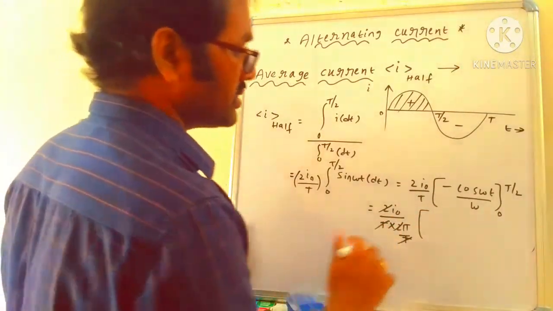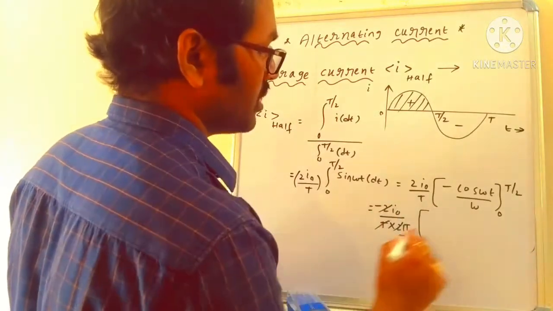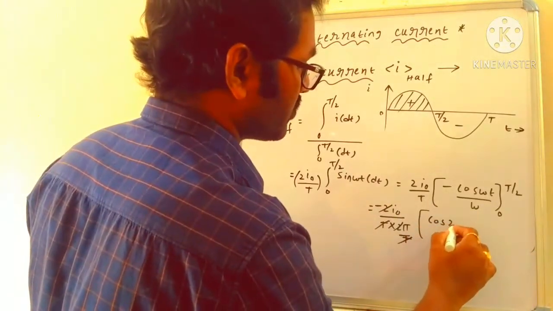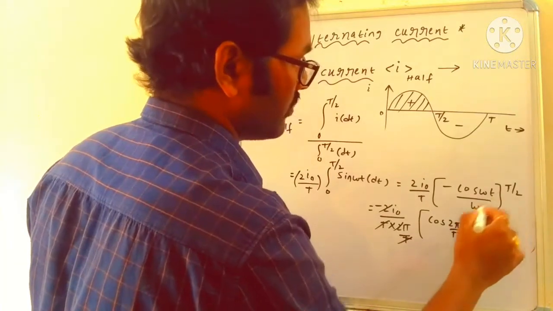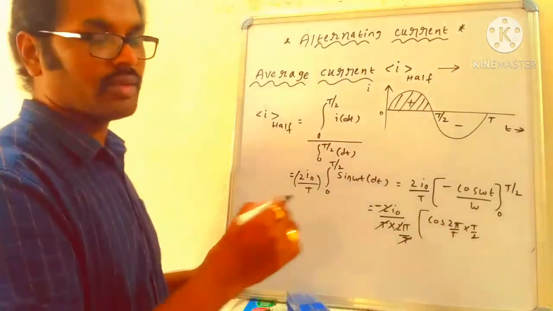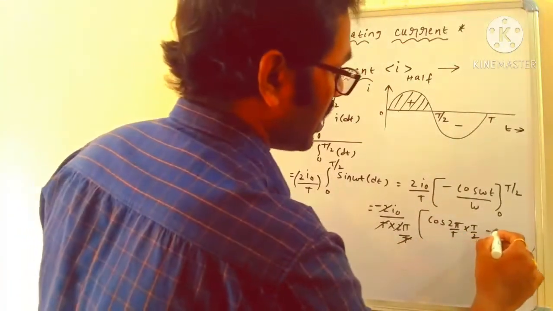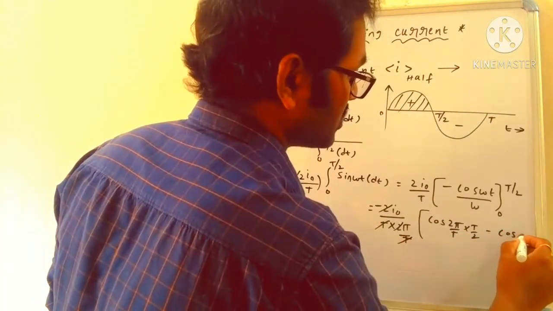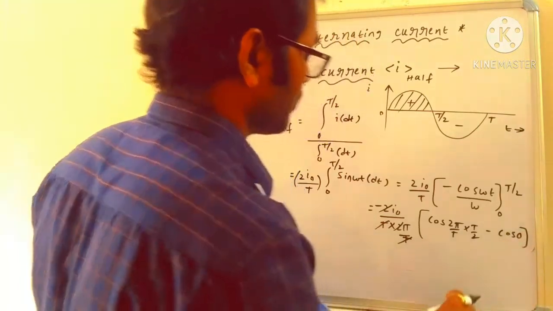You can write the negative sign outside: cos of 2 pi by T into small t, where small t is now T by 2 instead of T, minus cos 0.